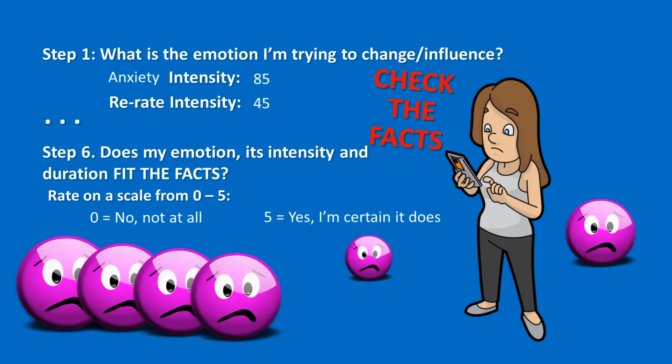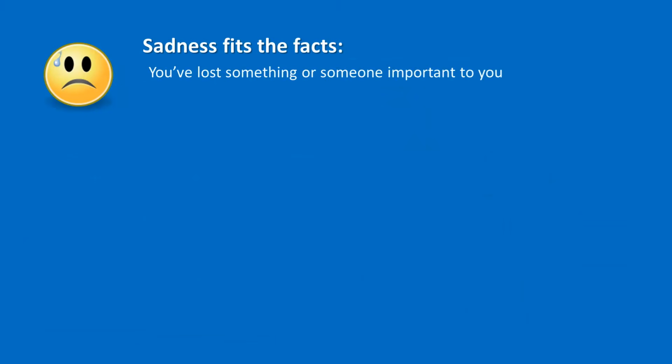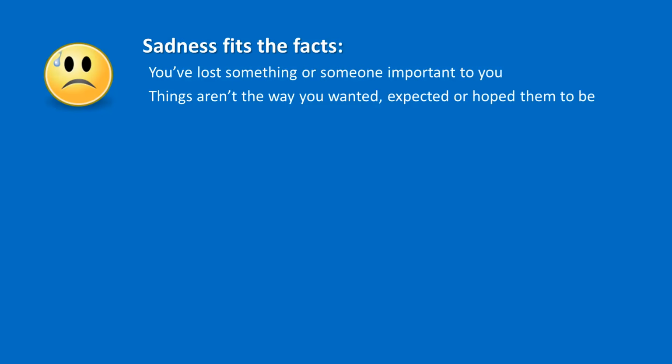Now, how do we determine whether or not our emotions fit the facts? Well, Marsha Linehan gives us some examples of emotions that fit the facts. And this isn't a complete list, and there could be other reasons you feel an emotion, and it does fit the facts. So sadness fits the facts if you've lost something or someone important to you, or if things aren't the way you wanted or expected or hoped them to be.